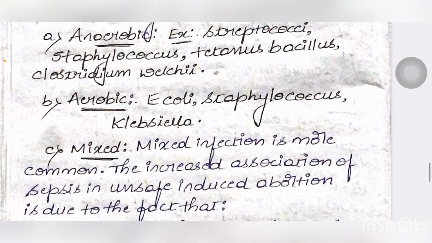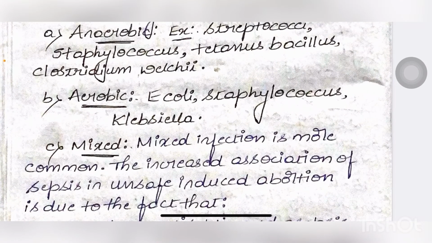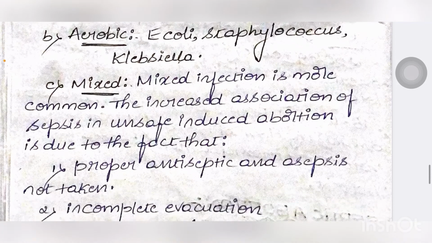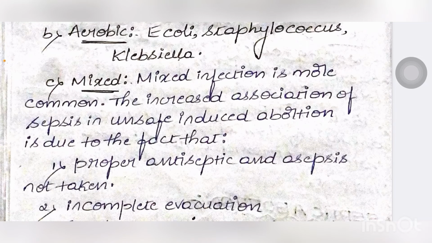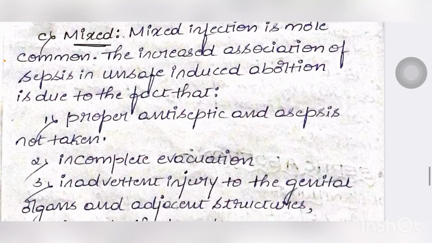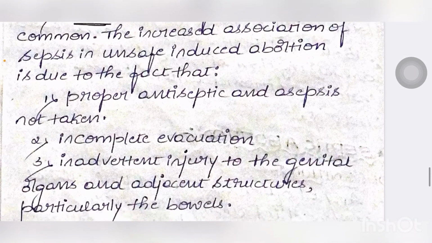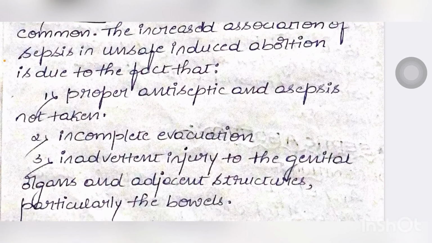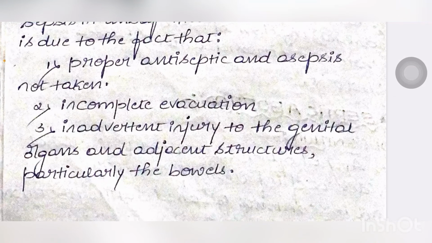And mixed infection is more common. The increased association of sepsis with unsafe induced abortion is due to the fact that proper antisepsis and asepsis are not maintained, incomplete evacuation, and inadvertent injury to the genital organs and adjacent structures, particularly the bowels.